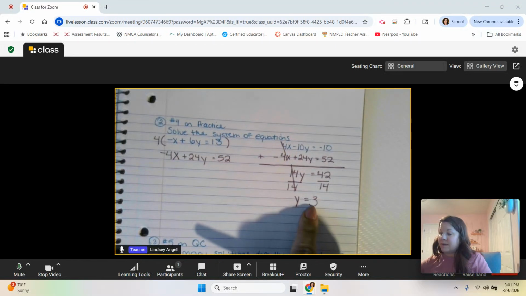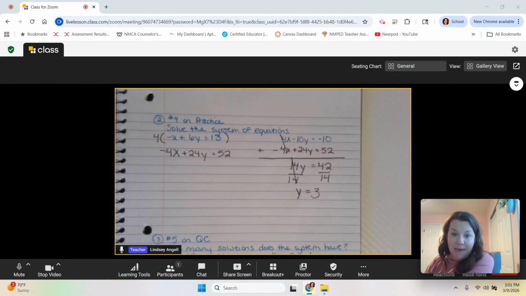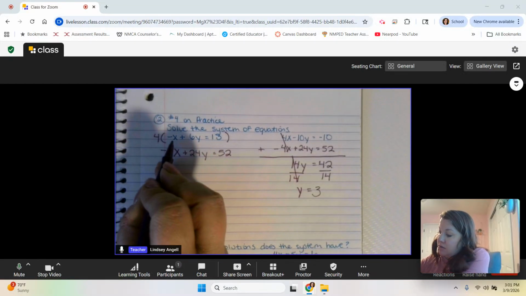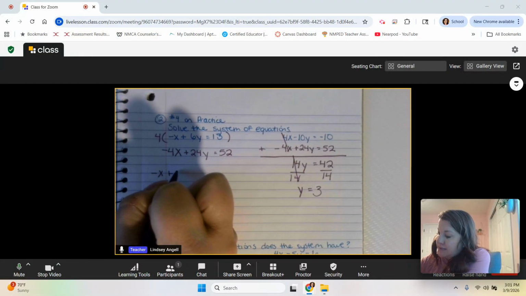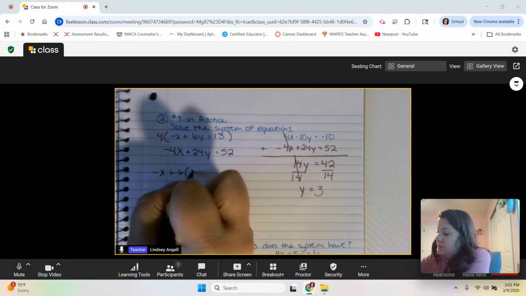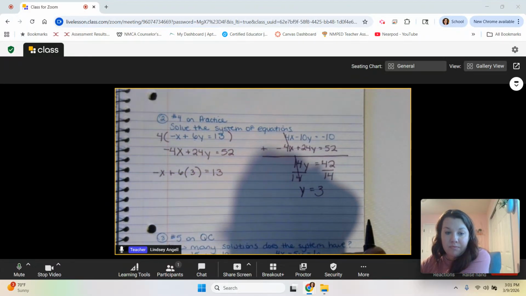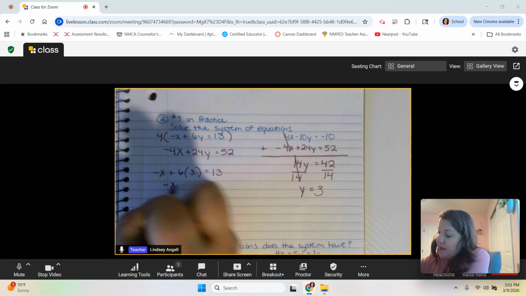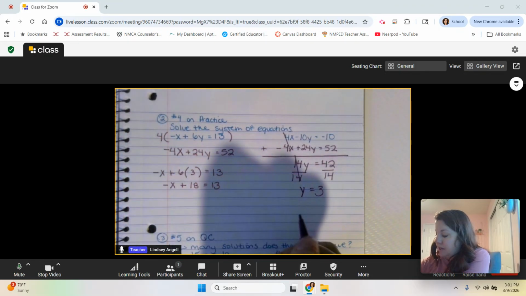Okay, so now what we can do is plug y back into either equation and see what we get back. So let's start with this one. If I've got negative x plus 6 times 3 equals 13, well that gives me negative x plus 18 equals positive 13.